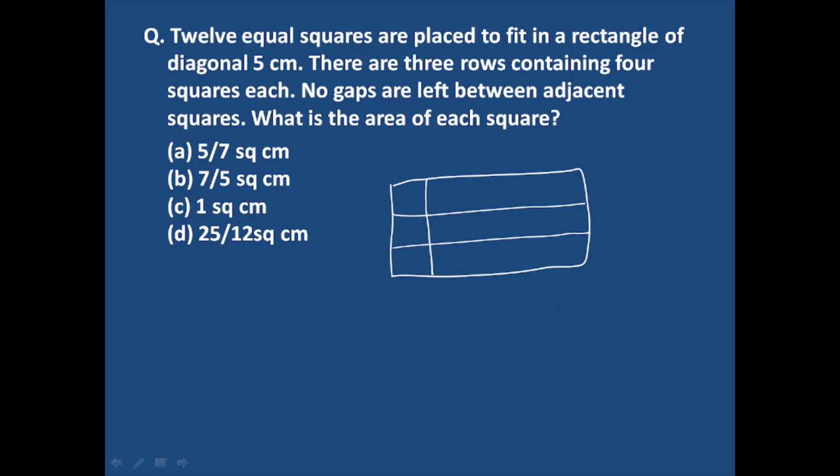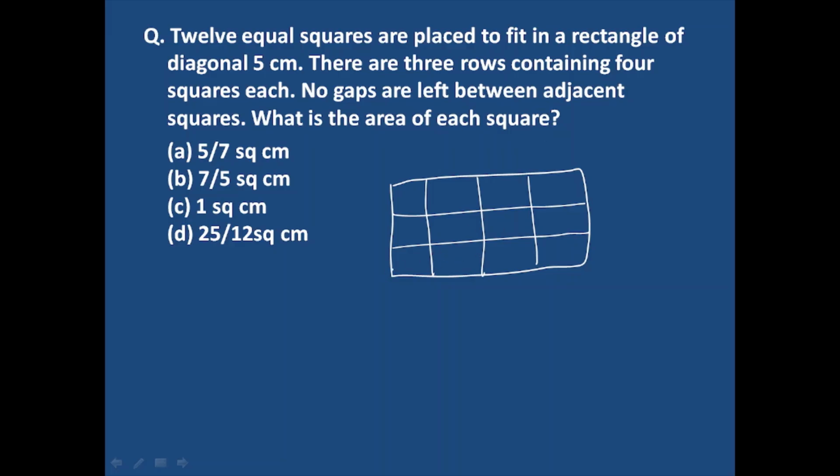So this is the first, this is the second, and this is the third. 1, 2, 3 and 4 squares are there in each row, and the total number of squares is 12. No gaps are left between adjacent squares. What is the area of each square?